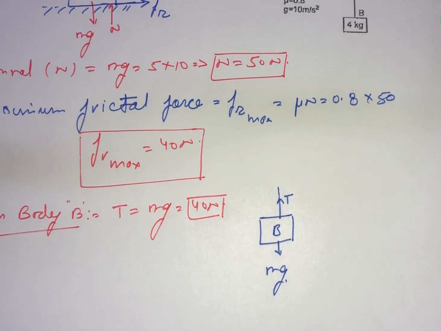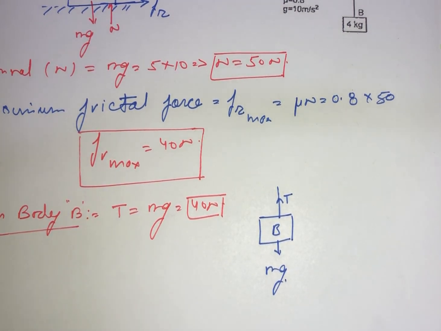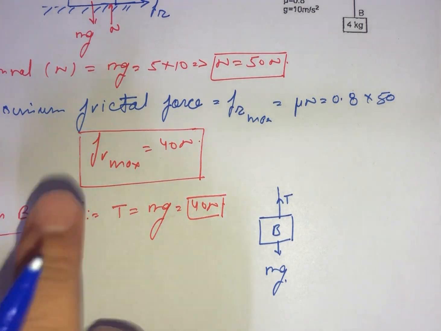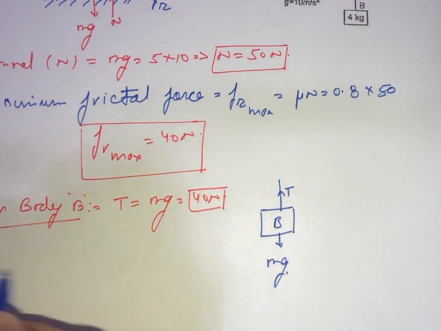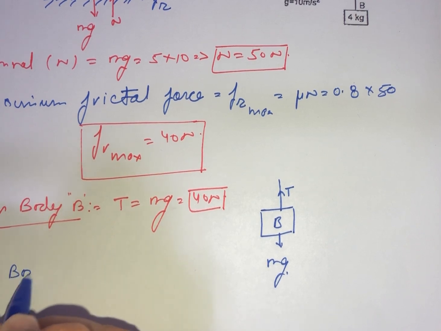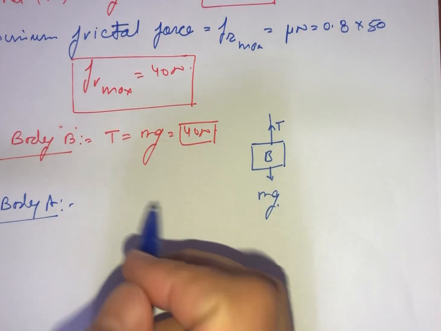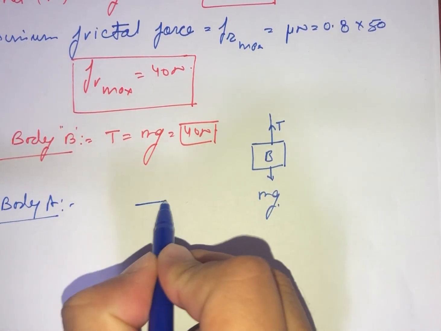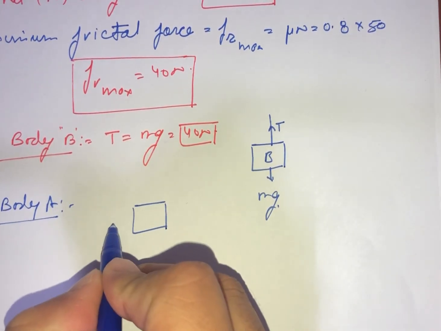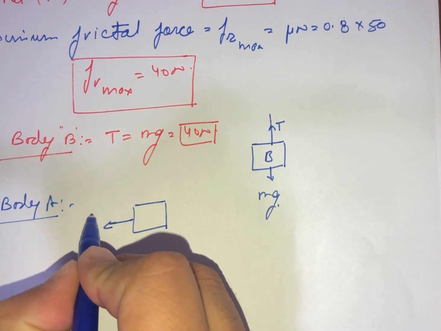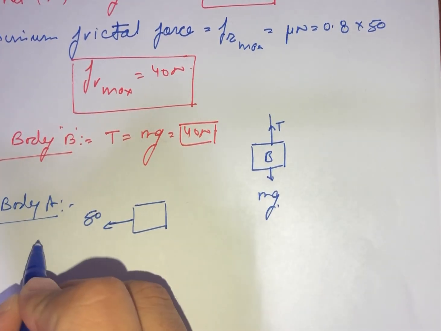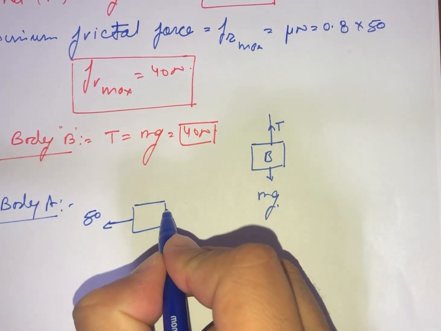Okay, so now we again come back to the body A. For body A, now if I draw the free body diagram again, so we have a 50 Newton force which we are applying towards left.